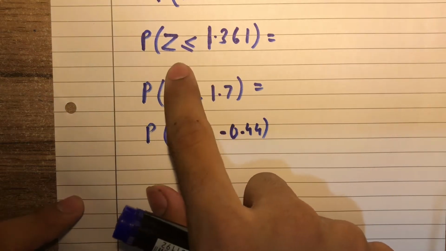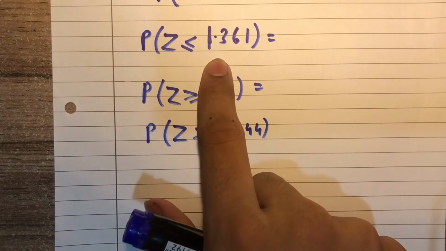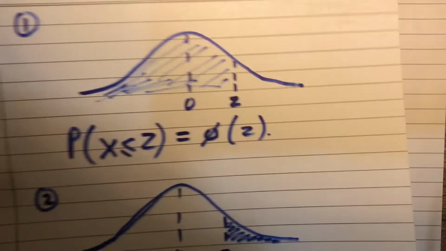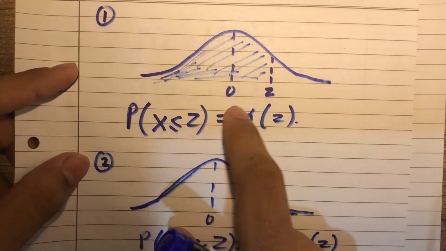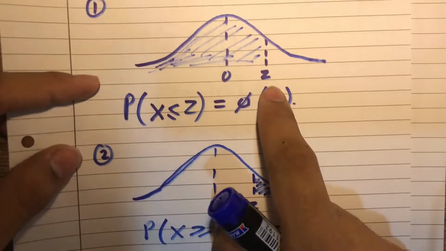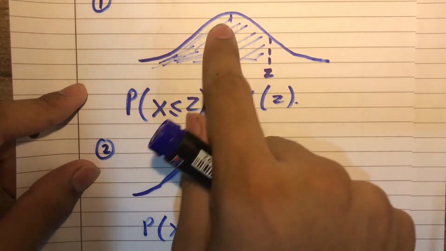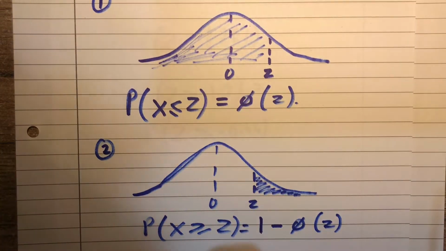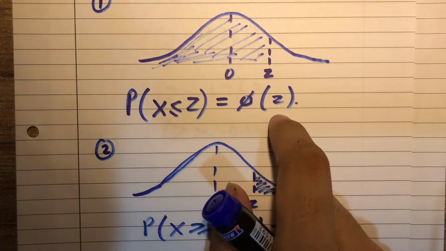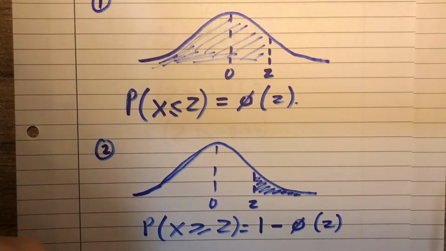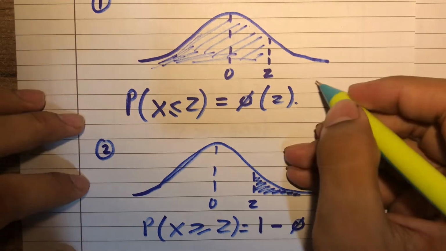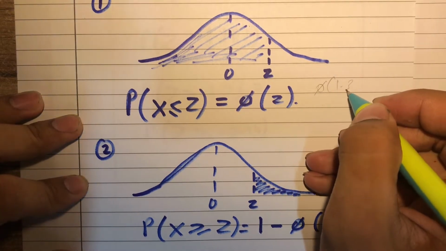The first is probability of z less than or equals to 1.361. So this is the first case, right? For example, we have 1.361 over here and we have to find probability of this region. So we'll find phi of 1.361.